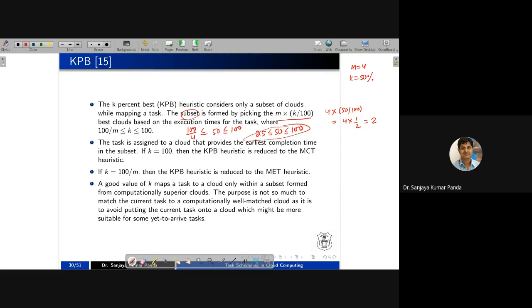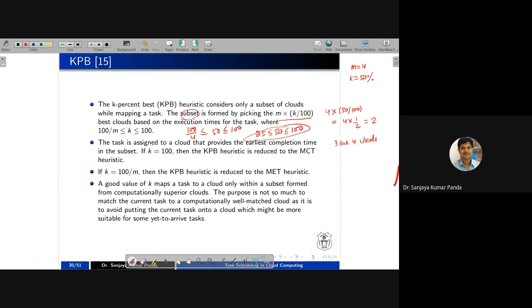So you need not worry. Just imagine that if there are 4 clouds, I am choosing 2 clouds. Or if I take the K value as 75%, then I have to choose 3 out of 4 clouds.